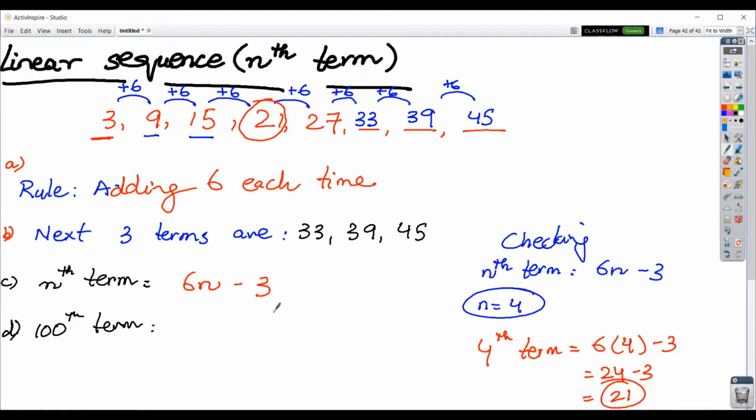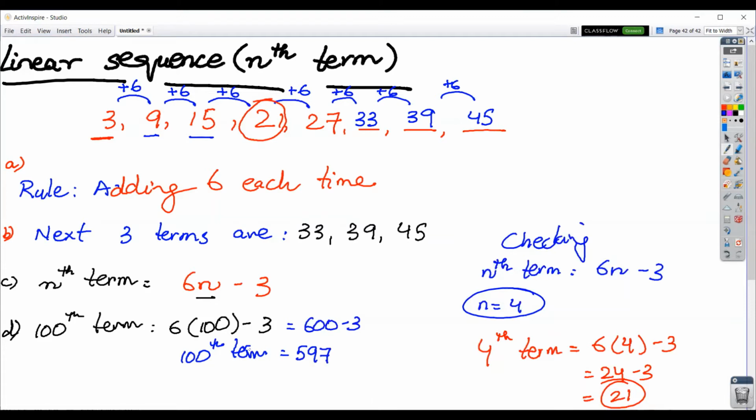You replace n with 100, which would be 6 times 100 minus 3. 6 times 100 is 600, and 600 minus 3 comes out to 597. So the 100th term of this sequence is 597. Following that, you can find any term in the sequence: the 10th term, the 20th term, the 1000th term, by replacing n with the number you're finding.